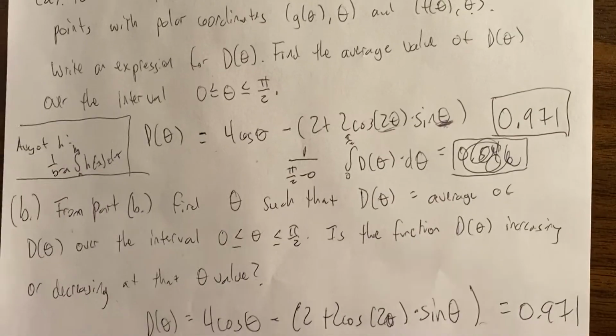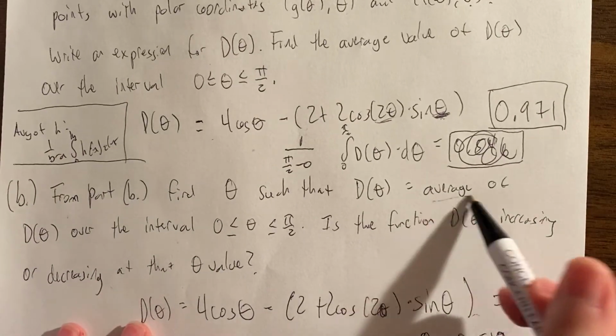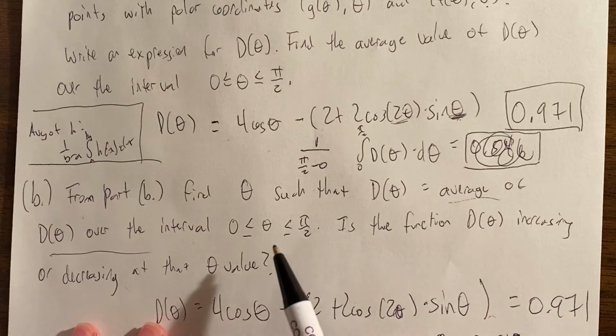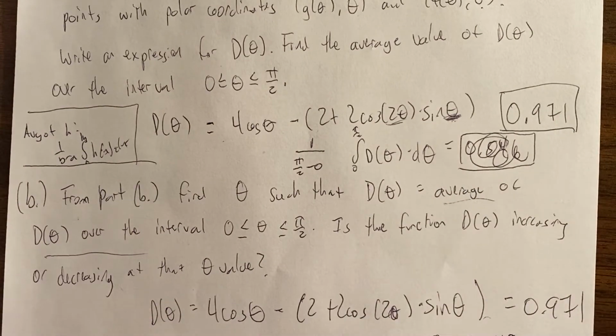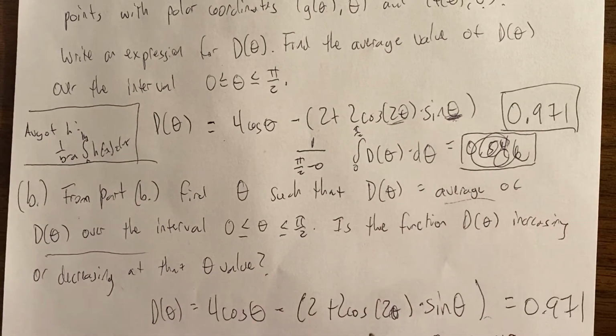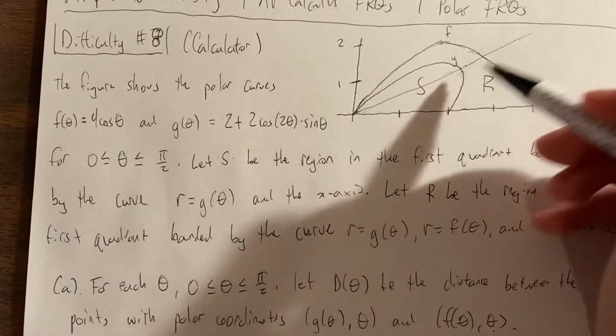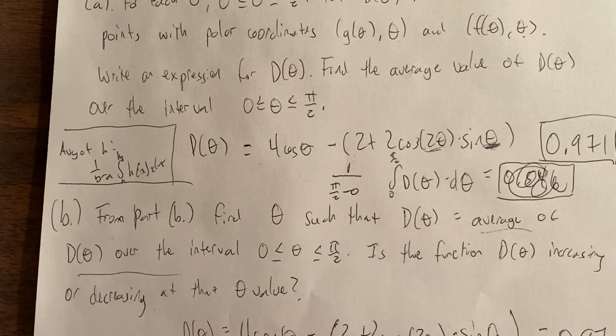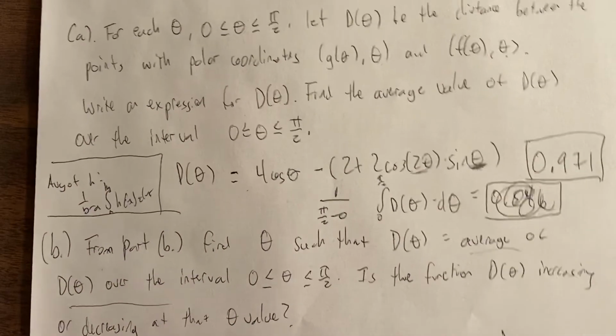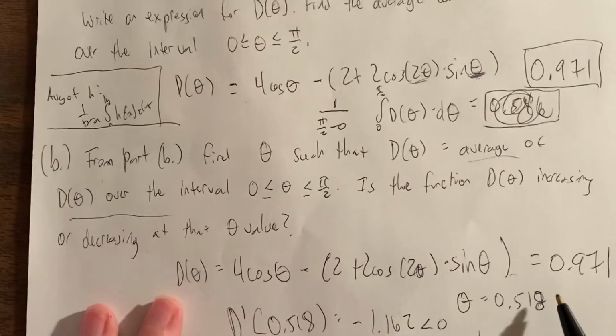Then the second question said, use that number you just found, the average of the distance over this interval. Now set that equal to the function and tell me if there is an angle where the distance between the two functions is equal to the average of the distance of the two functions over that interval. So what we did is we found that number. That angle is 0.518.